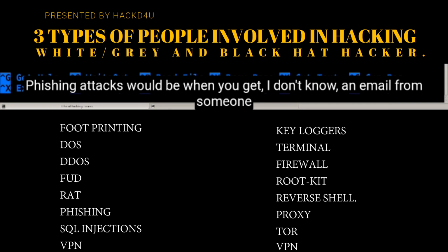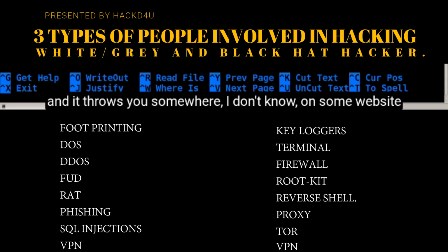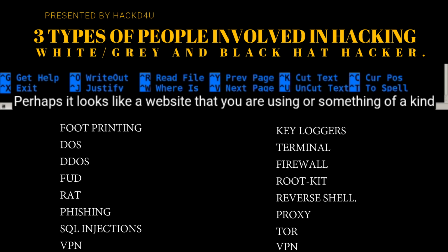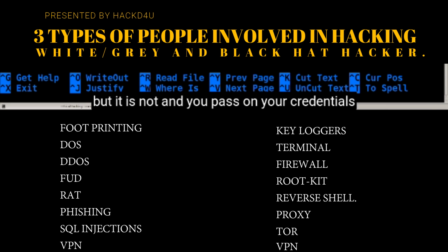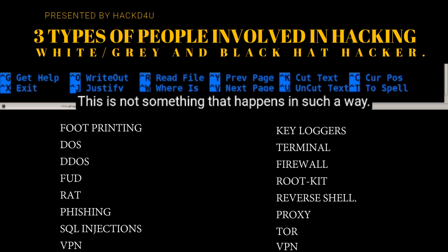Phishing attacks would be when you get an email from someone, and there's a link in it. You click on it, and it throws you onto some website. It perhaps looks like something legit, like a website that you are using, but it is not. And you pass in your credentials, and that can be a problem. But this is generally avoided today.